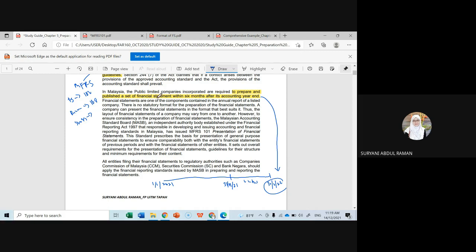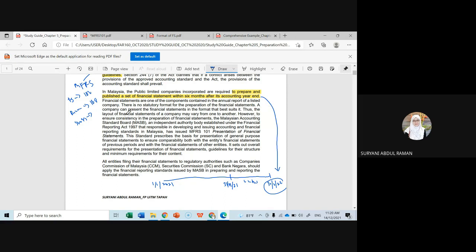Financial statements, this is the simple explanation, are one of the components contained in the annual report of a listed company. For your information, the listed company needs to issue its annual report. The annual report is like a book, and one of the contents is the financial statement for the year. There is no statutory format for the preparation of the financial statement. A company can present the financial statements in the format that best suits it.